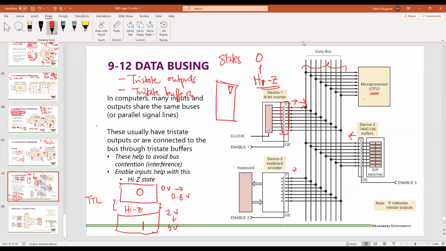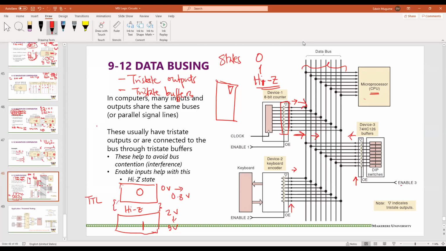Those buffers block the signal from going to the buses before it is its turn. So if the counter is sending its signal, these ones will deploy their tri-state buffers or tri-state outputs so that their information does not get on the bus. This is how you share the bus so that each one has access to the bus and does not have to contend with others or interfere with other information from other parts of the circuit.